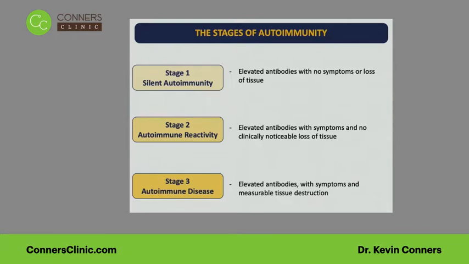And for the different autoimmune diseases named after different tissues, there's maybe some clinical argument, you could say, on whether a person's in stage 2 or stage 3, because based upon different research, you have to have X amount of percentage of tissue destruction in order to be in stage 3. From a clinical standpoint, it really doesn't make any difference.